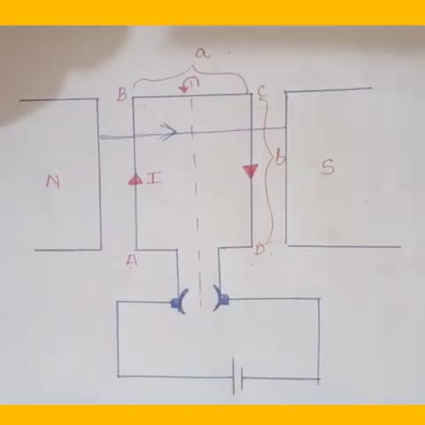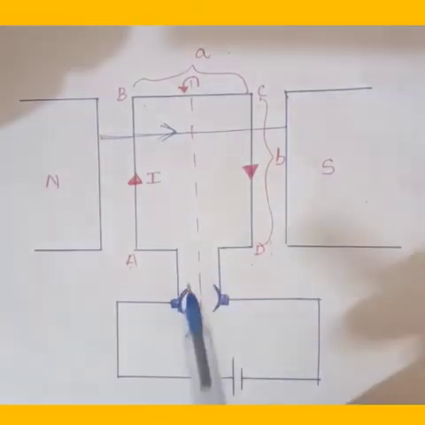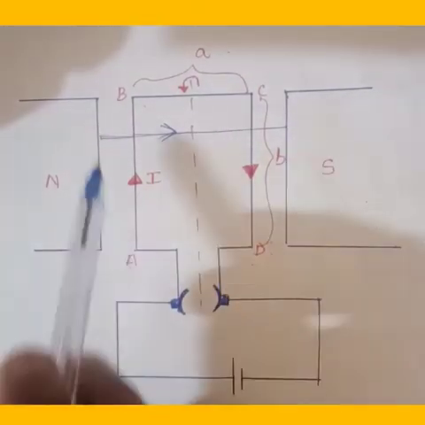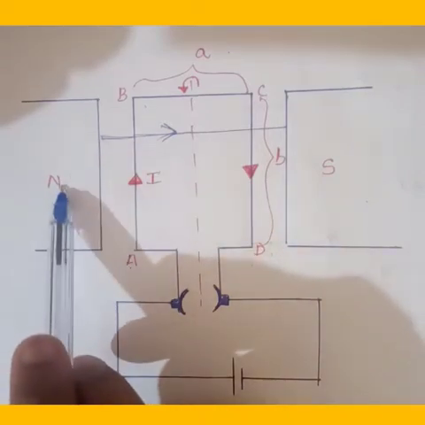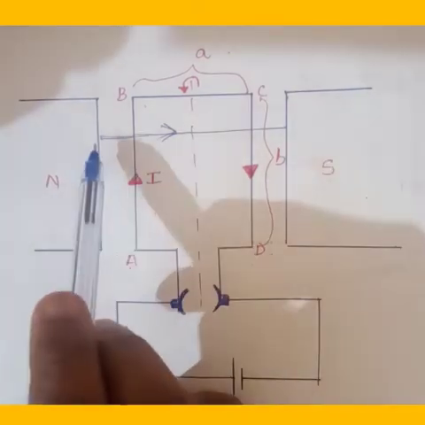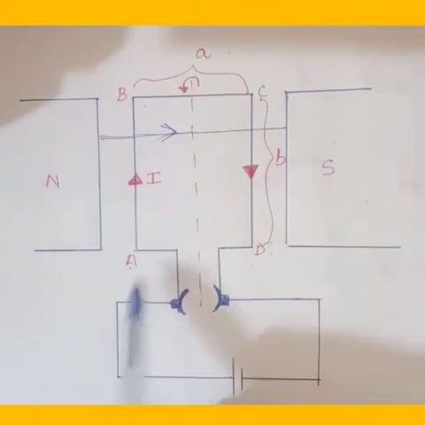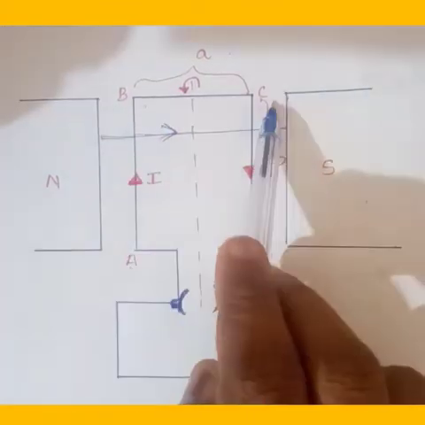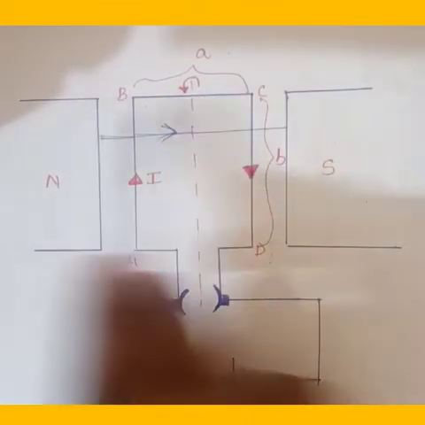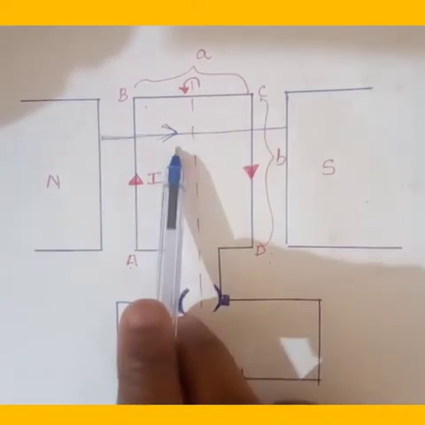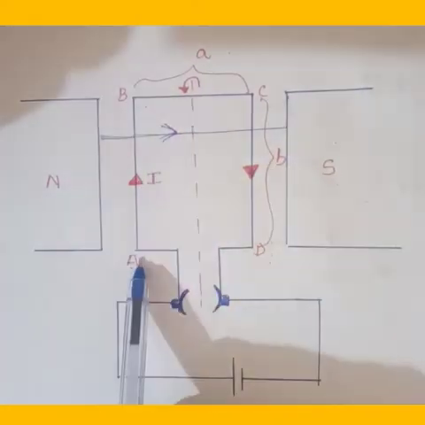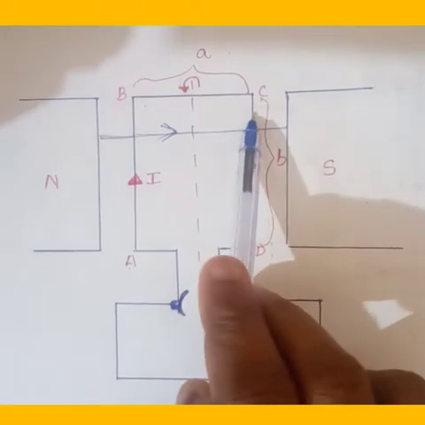You have to apply Fleming's left hand rule here to find the direction of the force. The magnetic field is from north to south, and in arms AD and BC the currents are parallel to the magnetic field, so there is no force exerted on them.